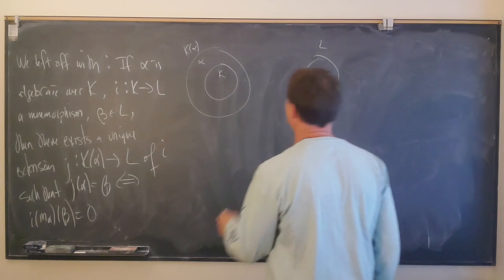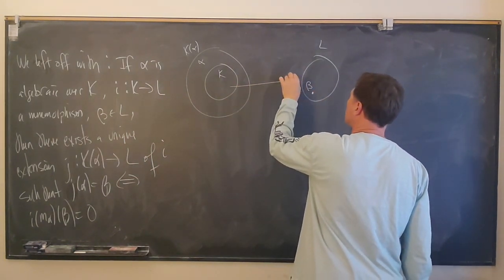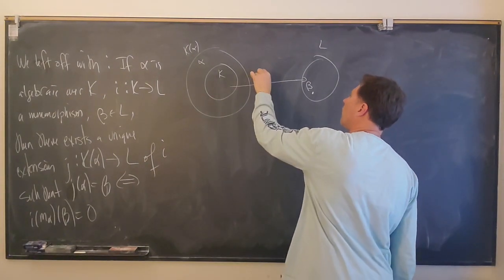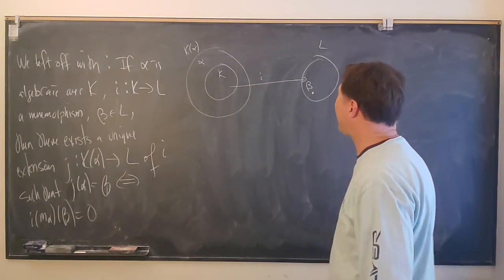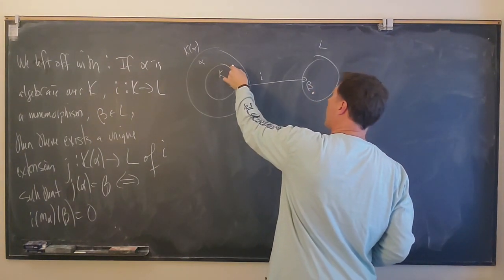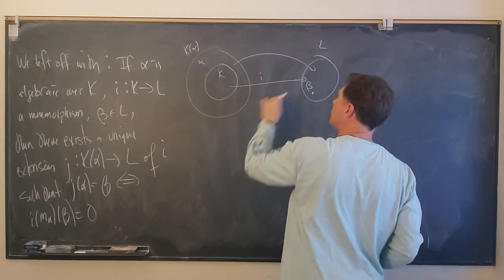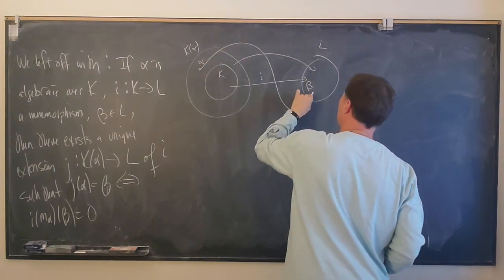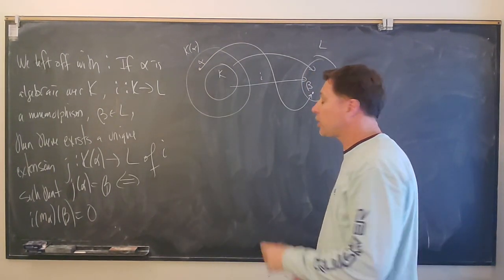So then what did we have? I is a mapping from K to L, and this theorem says that we can extend I to J in such a way that alpha goes to beta in a unique way.